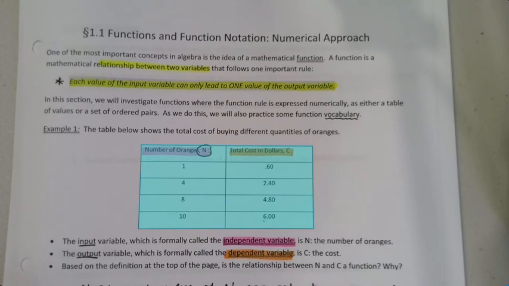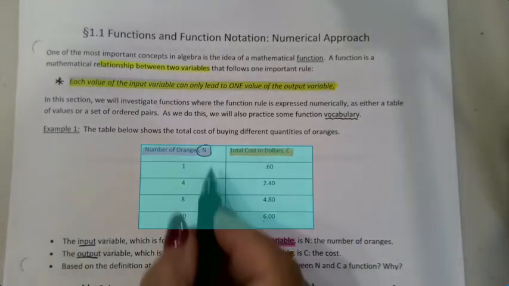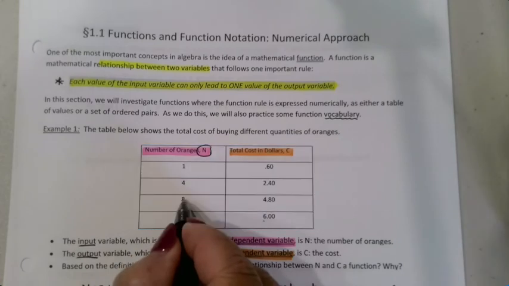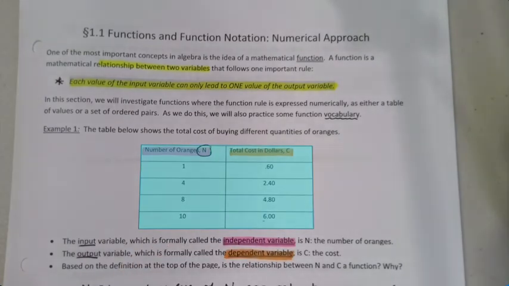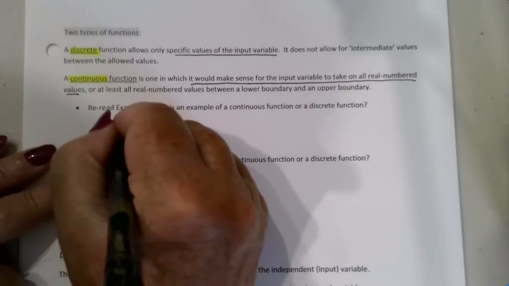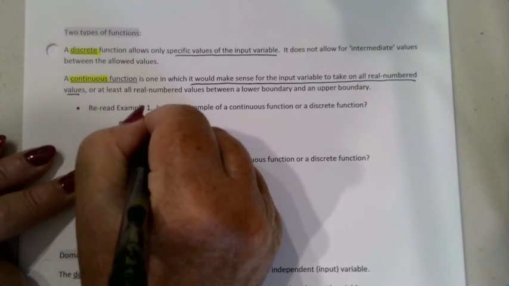But intermediate values like 1.4 or 7.5, that wouldn't make sense. You can't buy 7.5 oranges, at least not most places. So I'm going to say the oranges example is a discrete function. Really only whole numbers make sense as inputs, not all the fractions and decimals in between.